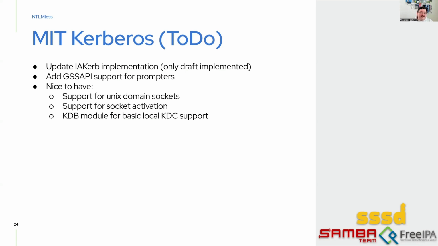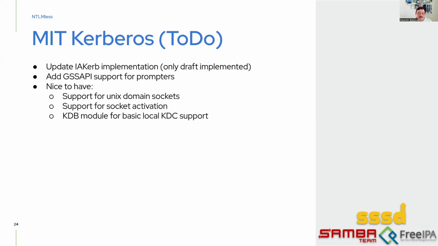Samba client against Samba server, that would be nice and easy, but it wouldn't work with the Windows implementation of IAKerb. So we need to update upstream MIT Kerberos with this. I started discussing this with Greg, and it's still in progress.